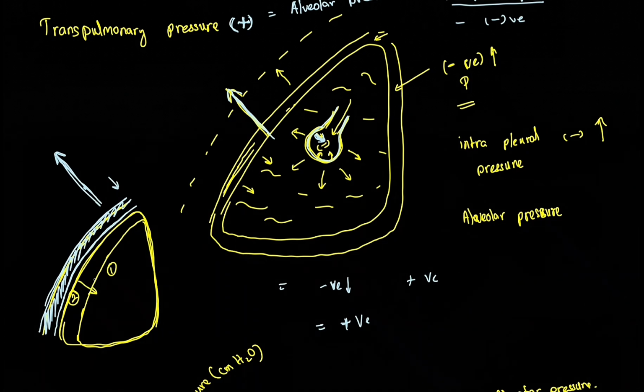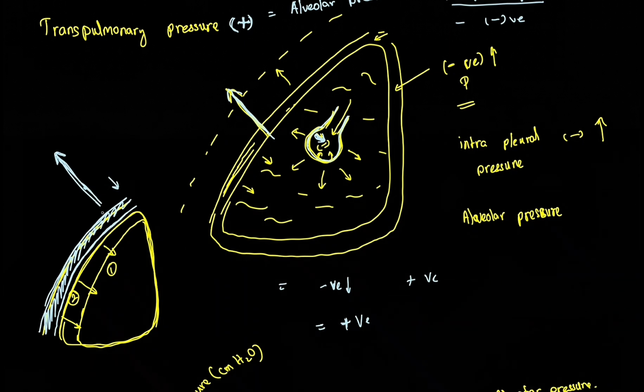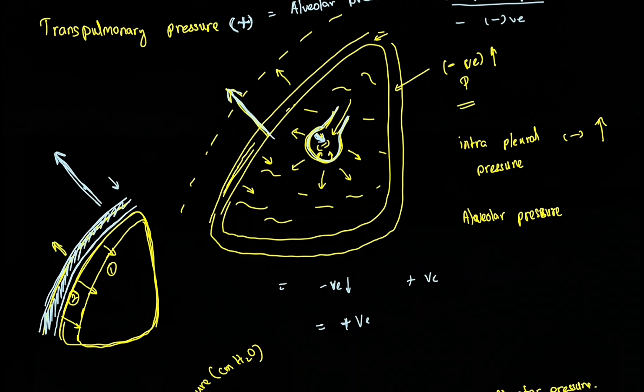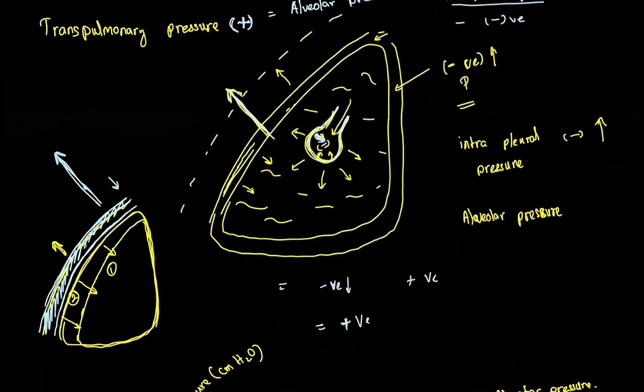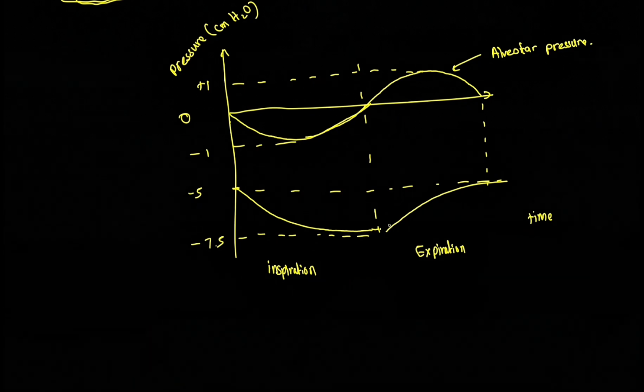Now the lung tends to collapse more. So due to that, and because of the muscle contraction, the suction pressure increases. Even though it comes to a halt, the suction pressure is always increased at the later stage of inspiration, and during expiration it decreases.